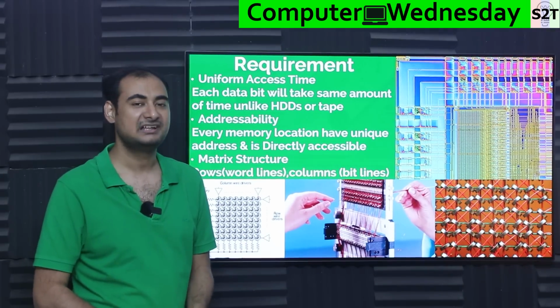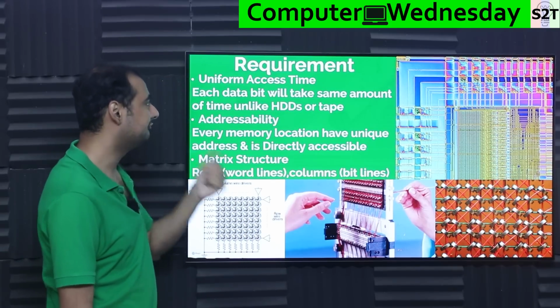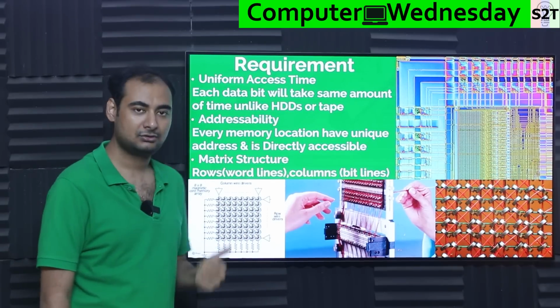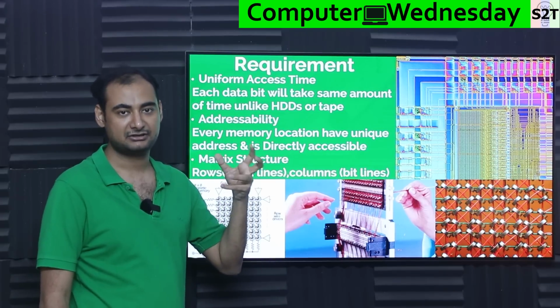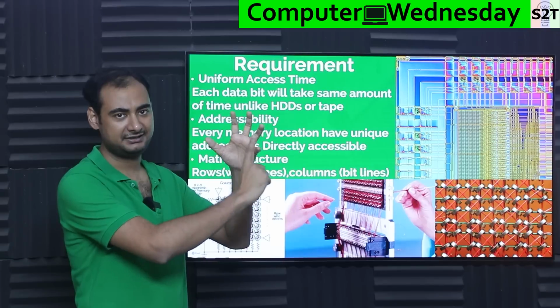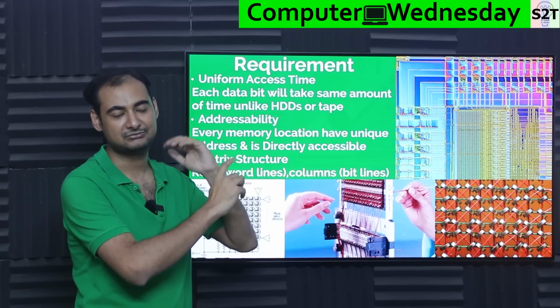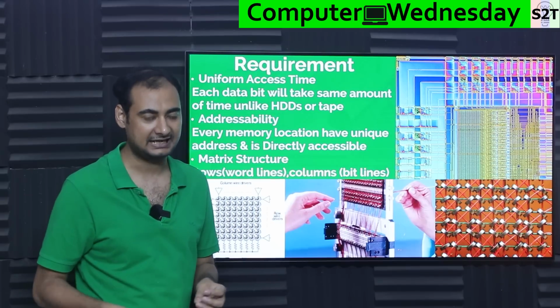Now, what are the requirements that make RAM RAM? Well, the primary requirement is uniform access time, meaning it should not give a damn where the data is being read from. For example, if you are reading data off a CD, DVD, Blu-ray or hard disk drive, where the read head is will define the output speed. Physical location will directly affect the access time.